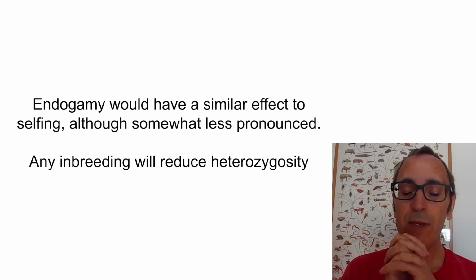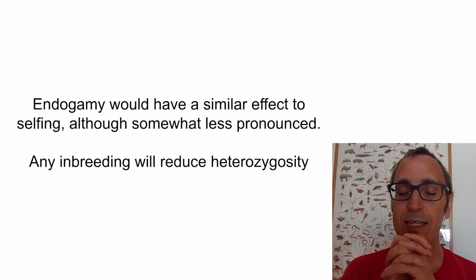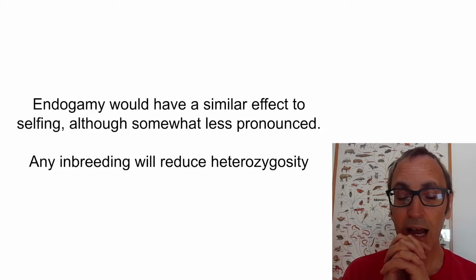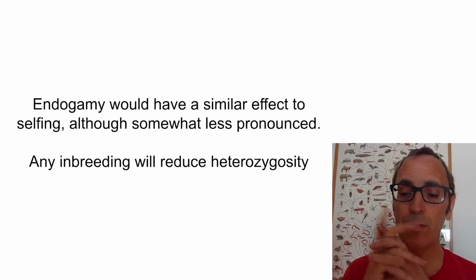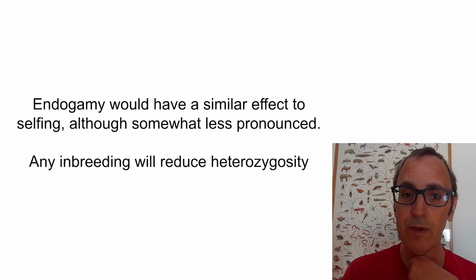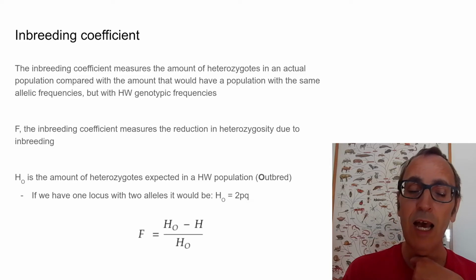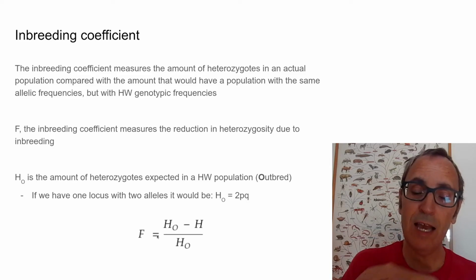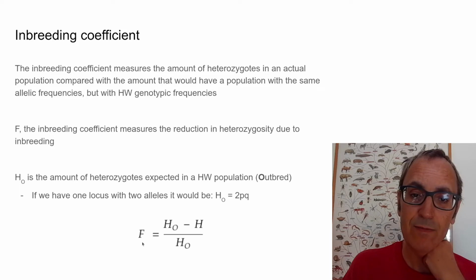So endogamy as a substructure has a similar effect. It reduces the number of heterozygous individuals. It reduces heterozygosity. Any inbreeding will reduce heterozygosity. And another statistic is related with this effect.